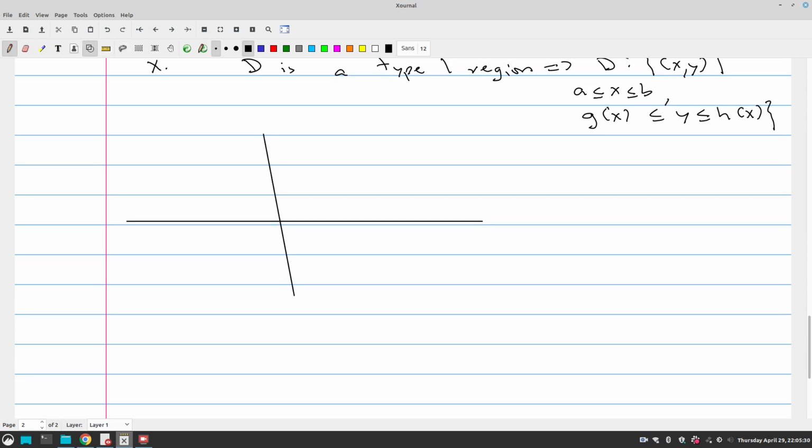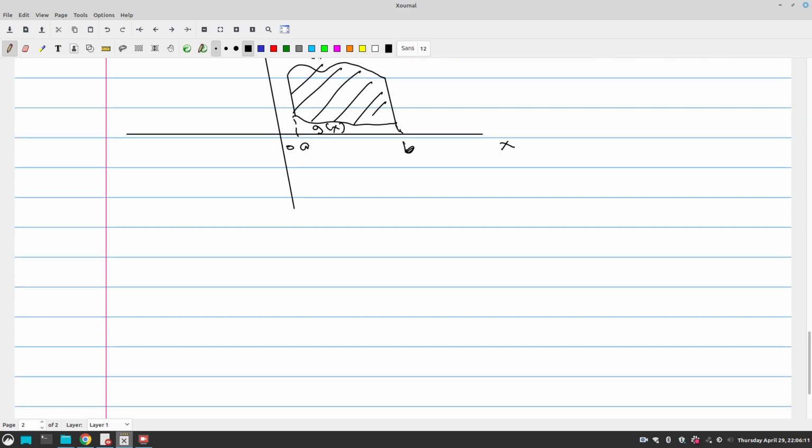So on the y, x axes, this is A, of course this is B, and the upper curve is h(x) and the lower curve is g(x). This is an example of a type 1 region.